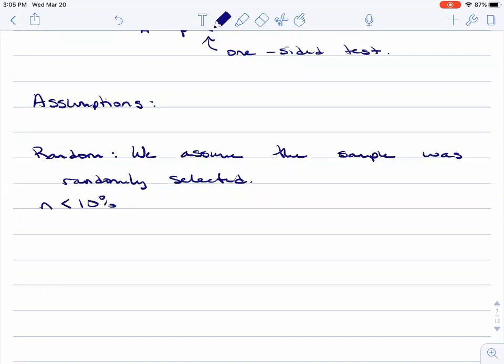N has to be less than 10%. And so here we're just going to argue that our sample size of 78 students is less than 10% of the population of students.